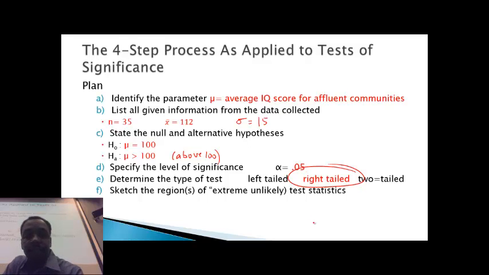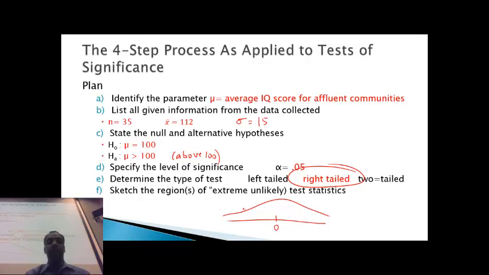Okay, this one's a little bit trickier for you guys and not as required. But let's figure it out. So we have a right tail test, okay? And the area in the rejection region, as we call it, is 5%. So again, this is just kind of edification, if you will.